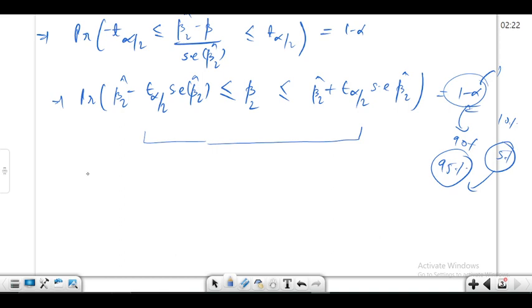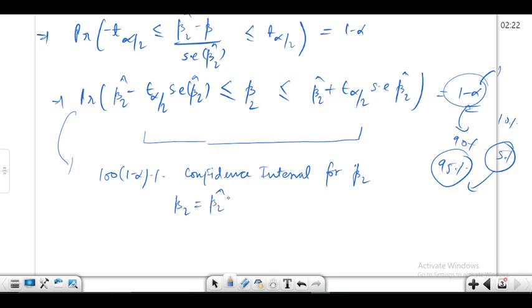Okay, so this means that this equation provides a 100 into 1 minus alpha percent confidence interval for beta 2. And beta 2 is basically your beta 2 hat plus minus t alpha by 2 times the standard error of beta 2 hat. So this is coming from this equation.